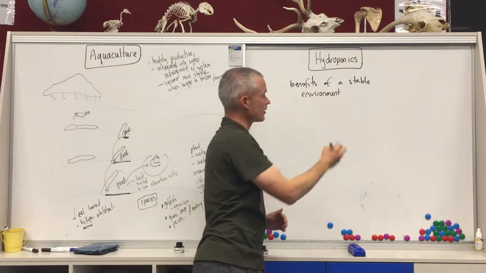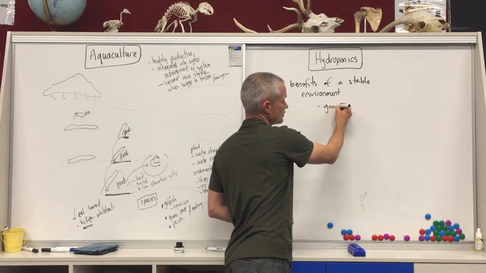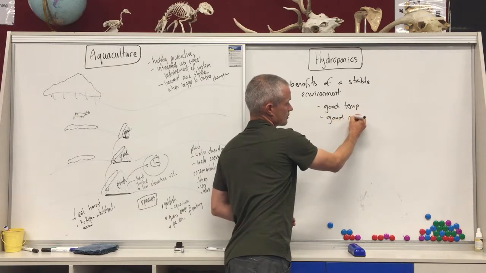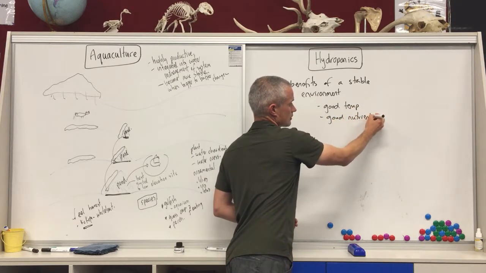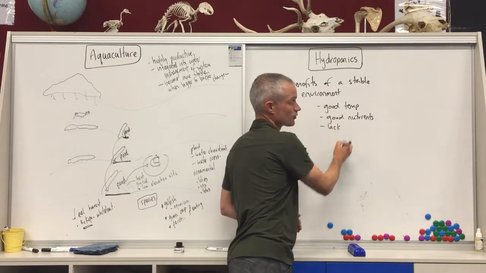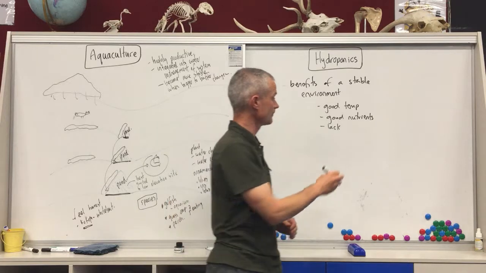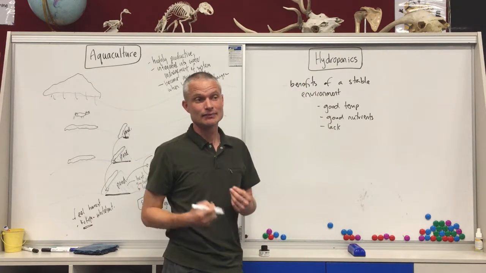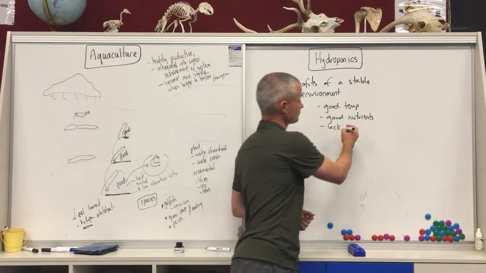And in that stable environment you've got good temperatures, good nutrients, almost complete lack of pests and diseases, so it's often quite a sterile environment because all of the nutrients are chemically provided within the water source.